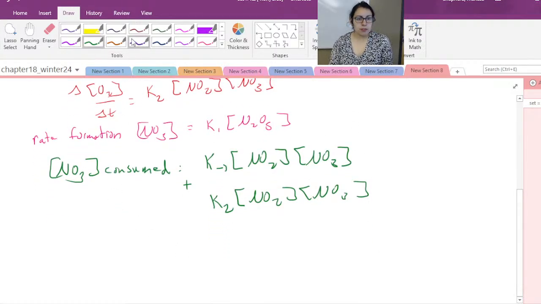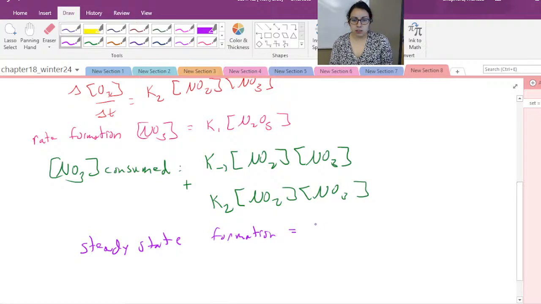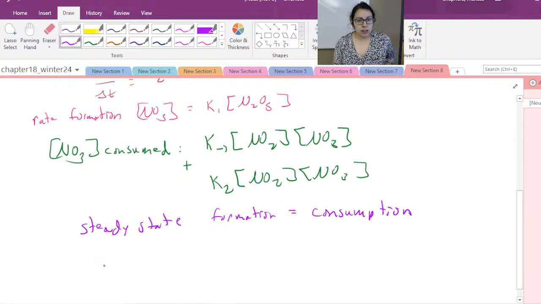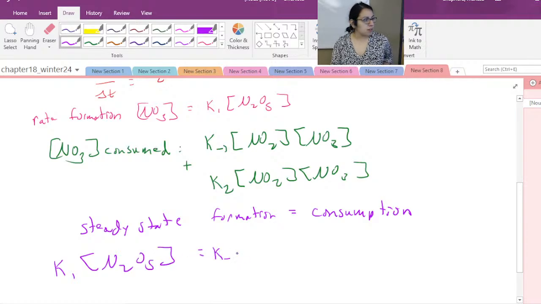For the steady state approximation, all that means is that the formation equals consumption. So I'm going to write these two expressions equal to each other. That means that as soon as we make some NO3, it's going to be consumed by those processes.